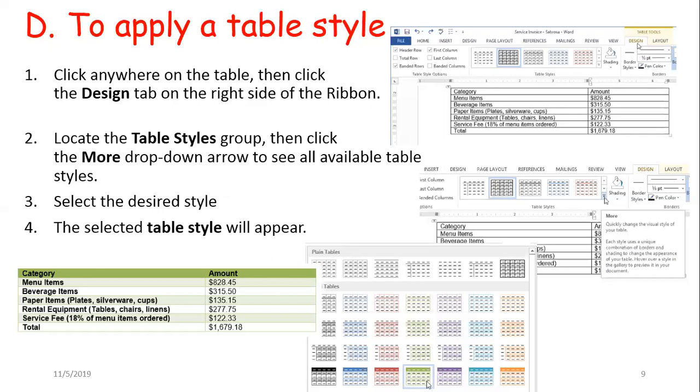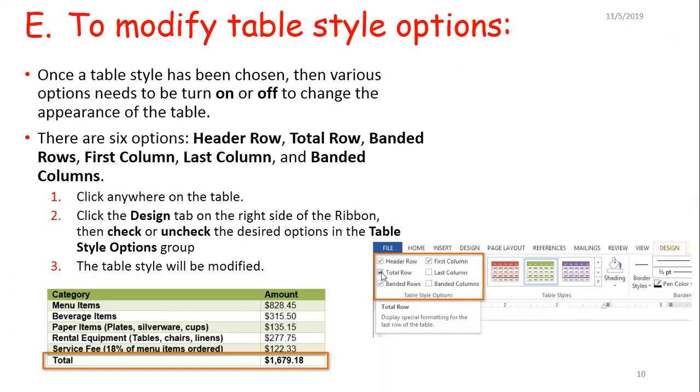And also we have Plain Table. At the bottom of the picture, the picture with lines is just like a table format. Anyone you choose there is what you are going to have. Okay. So to modify a table style option, it is from the same location, which is from Design.